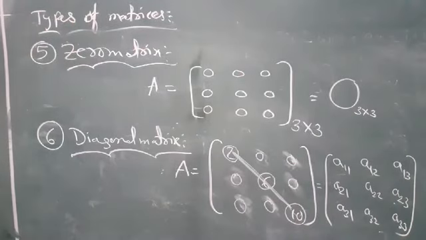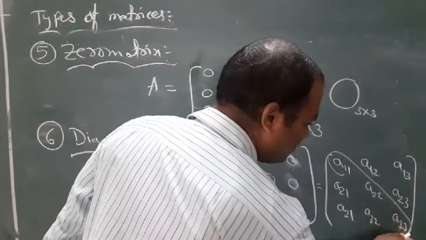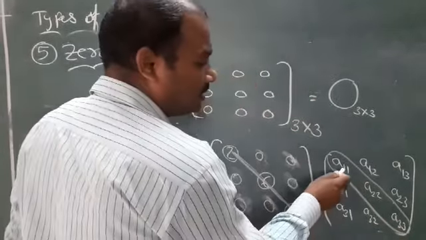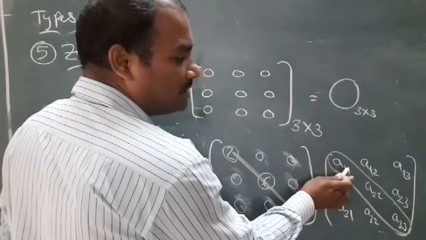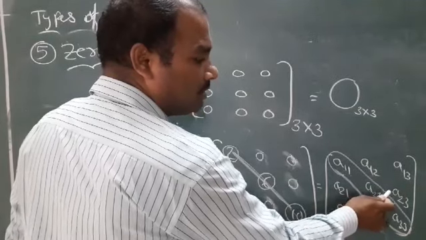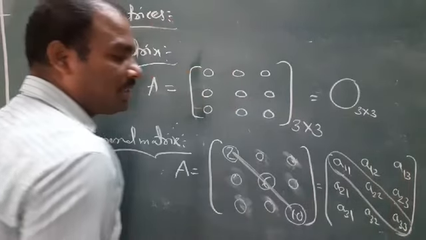Observe here. The principal diagonal elements are not equal to 0. This is i, this is j. i is equal to j. This is i, this is j, i is equal to j.